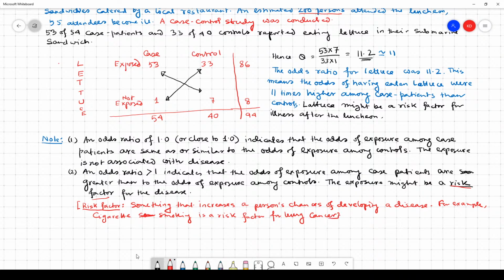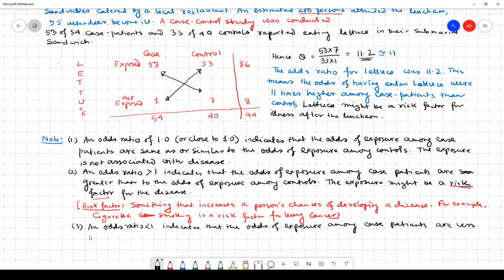And third point, an odds ratio less than 1 indicates that the odds of exposure among case patients are less than the odds of exposure among control.